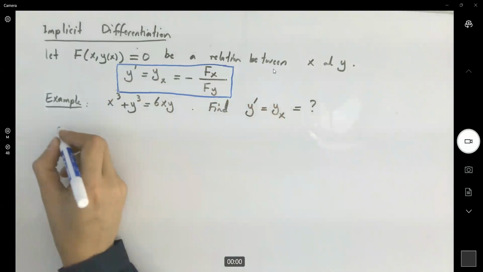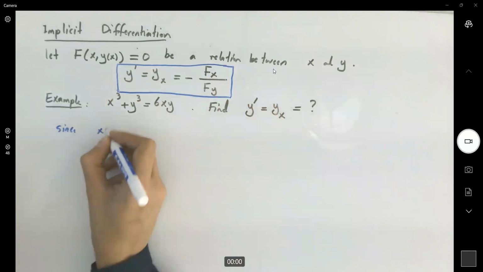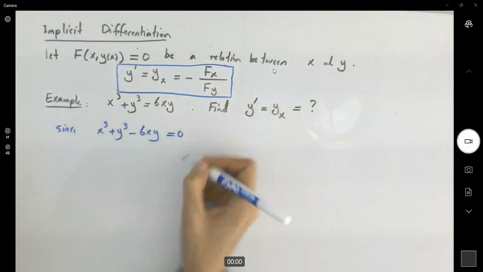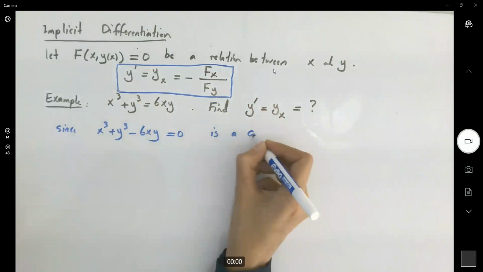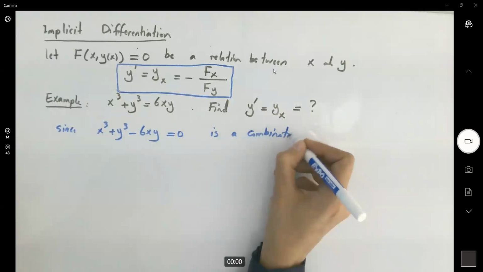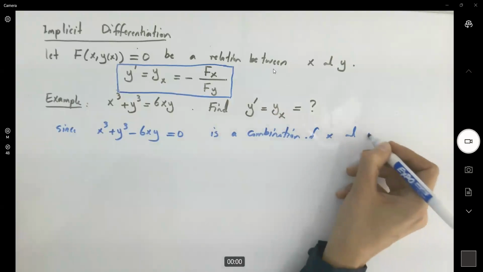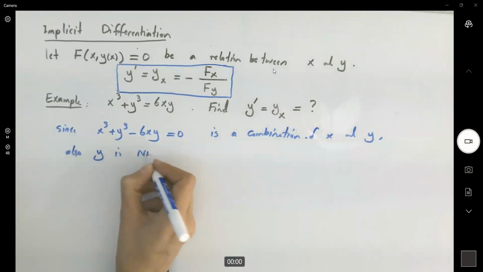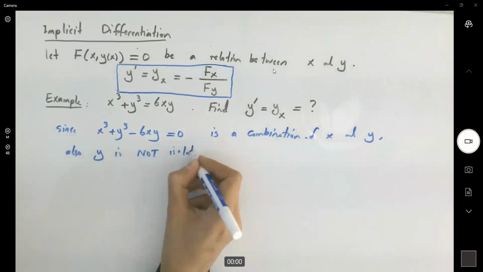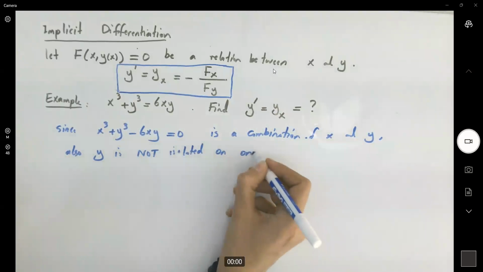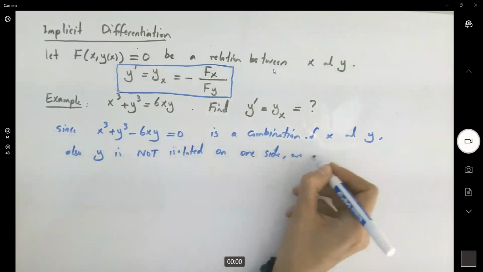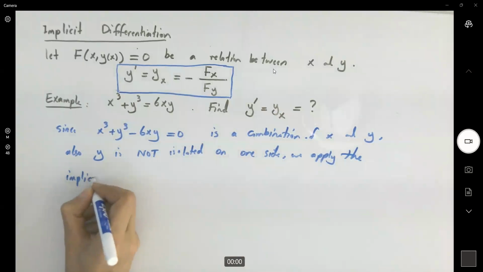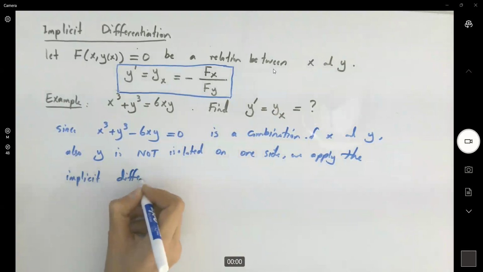We're going to say that since x cubed plus y cubed minus 6xy equal to 0 is a combination of x and y, and also y is not isolated on one side, we apply the implicit differentiation formula.